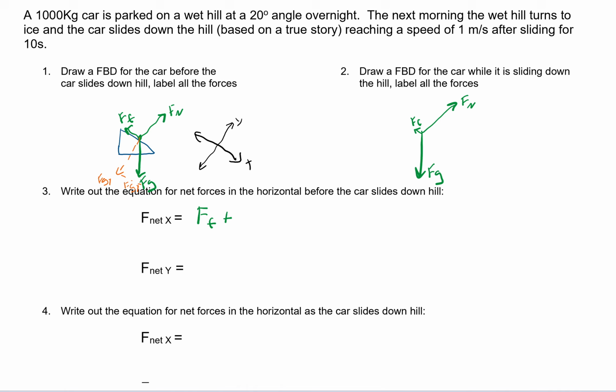So we'll also have this force of gravity in the x. And vertically will be the same thing, but we'll have our normal force and our force of gravity in the y. We're going to make that down direction negative and friction negative.